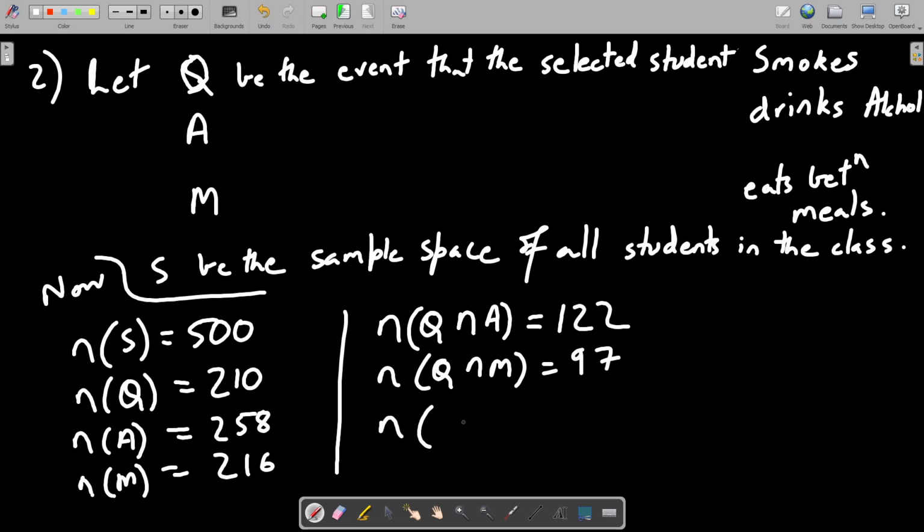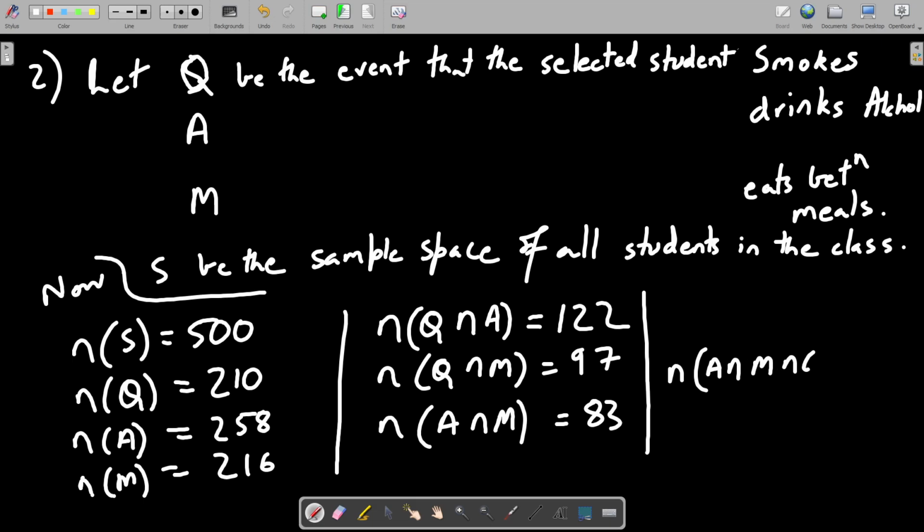Then what remains, alcoholic and eat between meals. How much is this? 83. And then what remains is how many of them are all three of them?